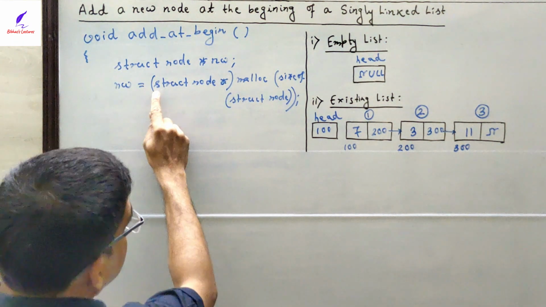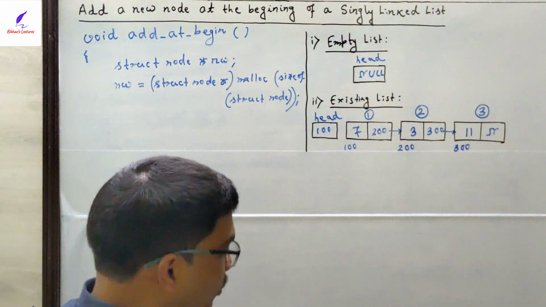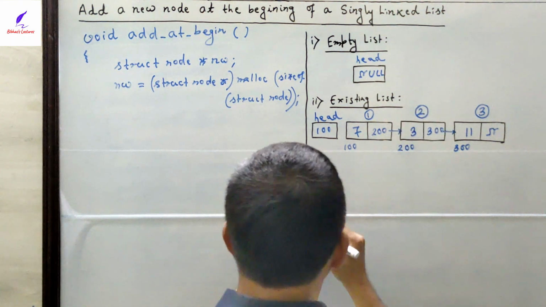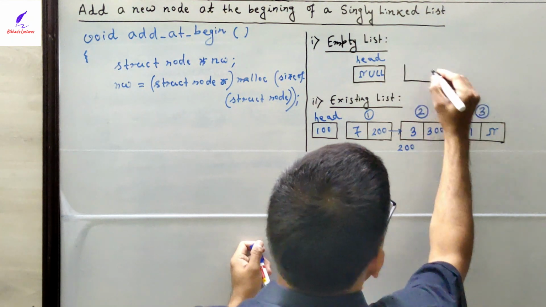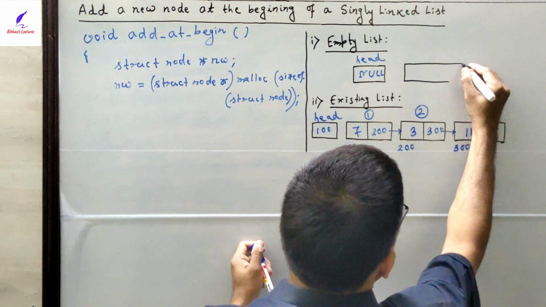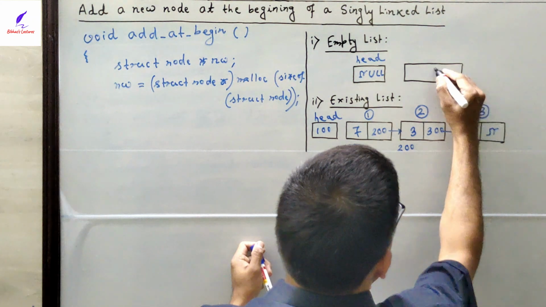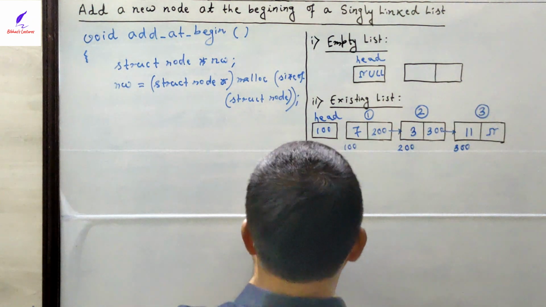So after the compiler executes this line, what will happen? It will create a new node. Suppose this is the node malloc is creating, and suppose the address of the node is 50.